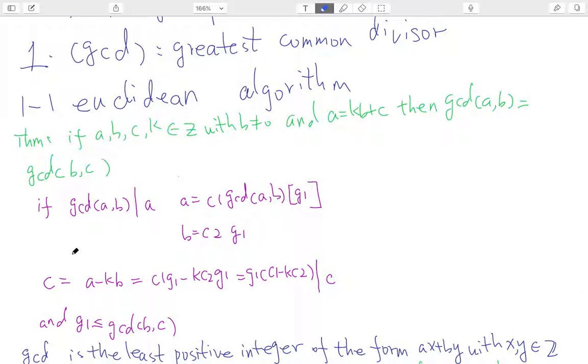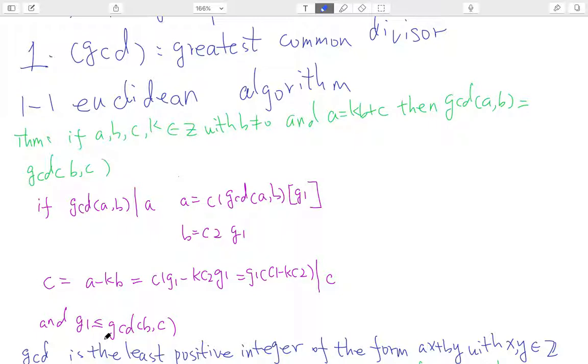The greatest common divisor of b and c is the largest common divisor of b and c. So if you have another divisor that can divide b and c, it is less than or equal to the greatest common divisor of b and c. The other side is just the other way around, the same procedure, and there is also a less-than-or-equal relationship.